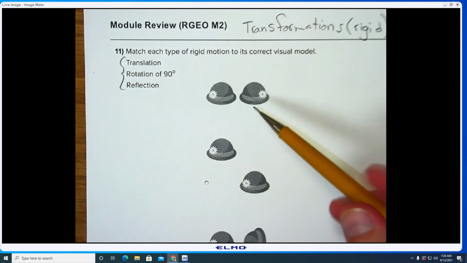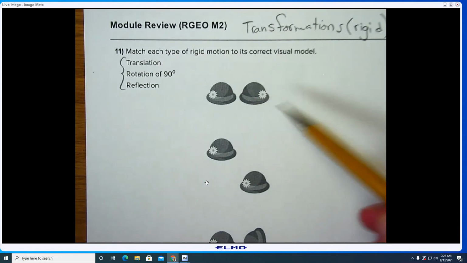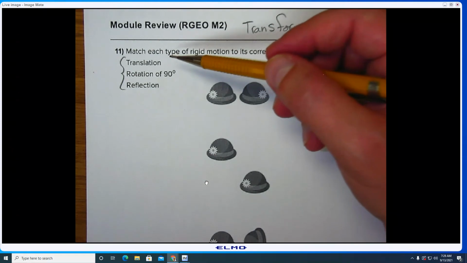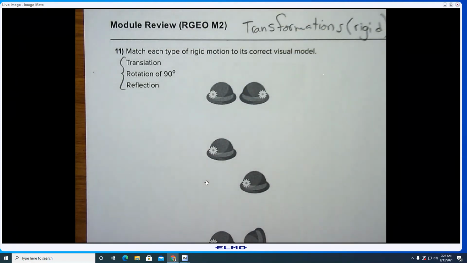Rigid means it doesn't get smaller or bigger. That would be a dilation. All the transformations would have included a dilation. Translation. So let's go through each one.